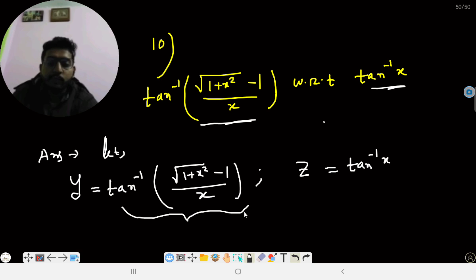How to find the differentiation of this, we have done in the previous class also. You have to use a substitution. Whenever there is 1 plus x square, as I told in the previous class, we have to take x equals tan theta.